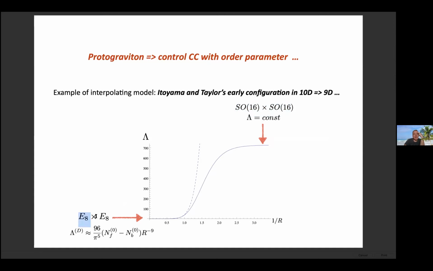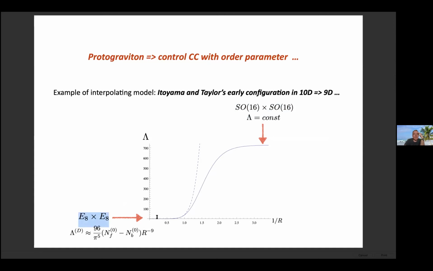Actually, I can begin with the E8 x E8, do a compactification to 9 with a supersymmetry breaking compactification, one where the gravitino mass is proportional to 1 over the radius.